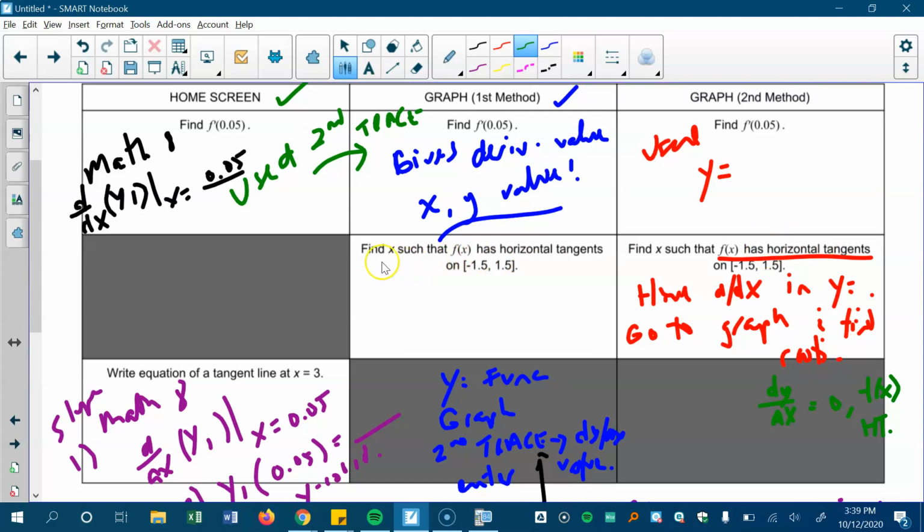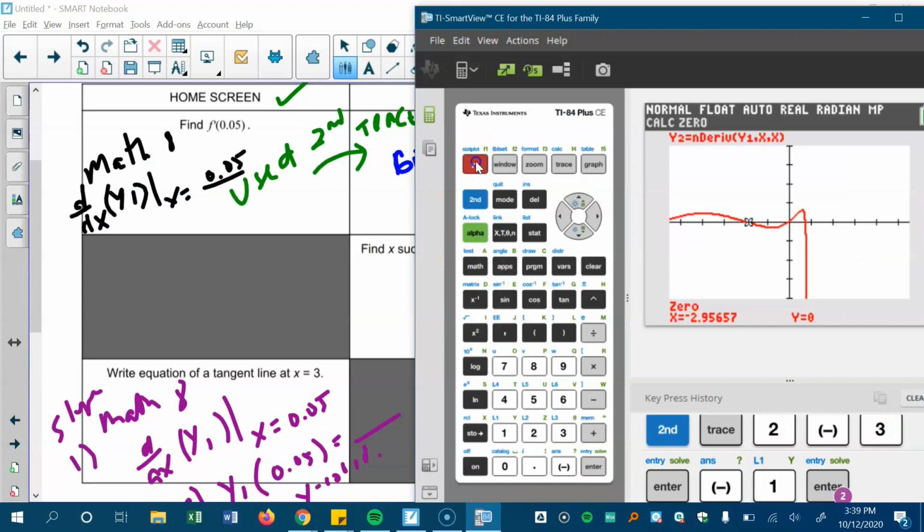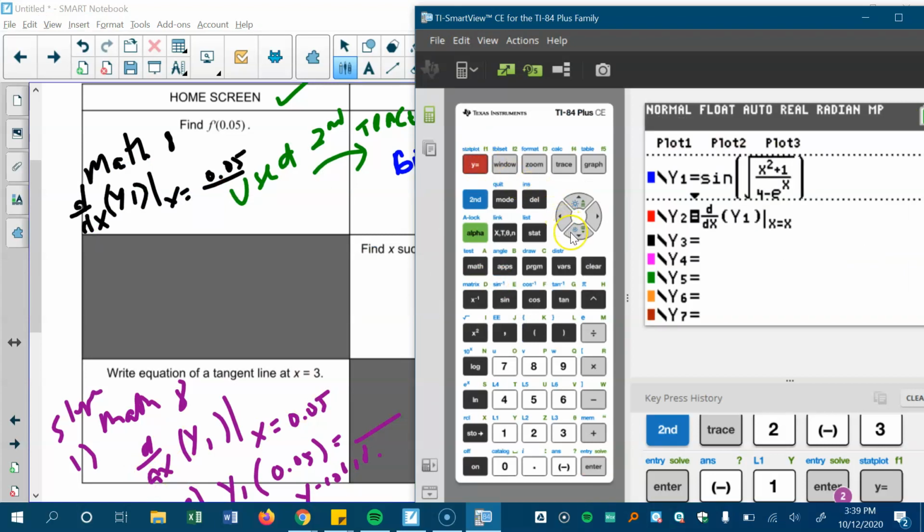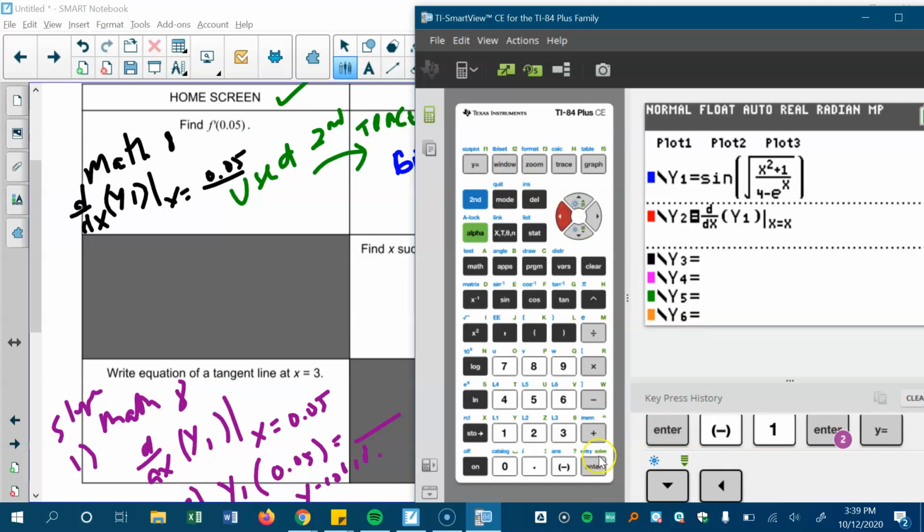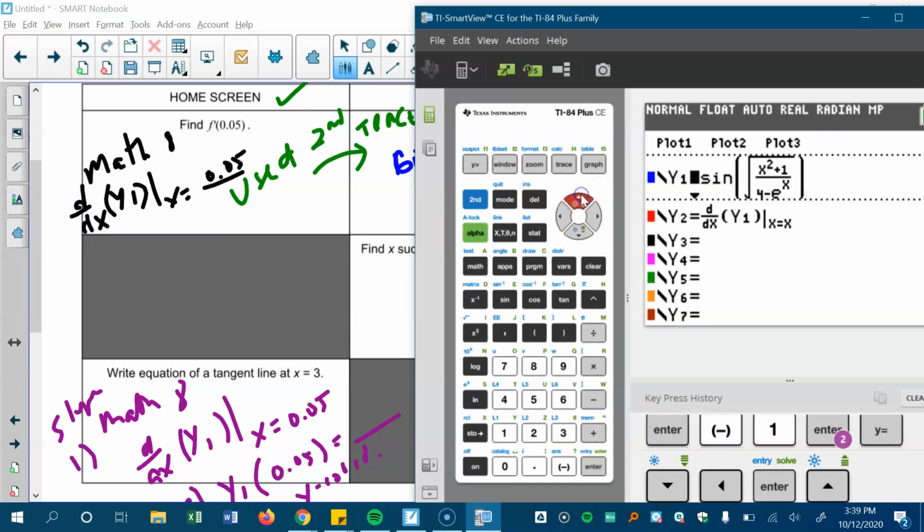The other way you could do this is find, okay, so let me go ahead and deselect y2 now. Let me go back to y1 and select that.